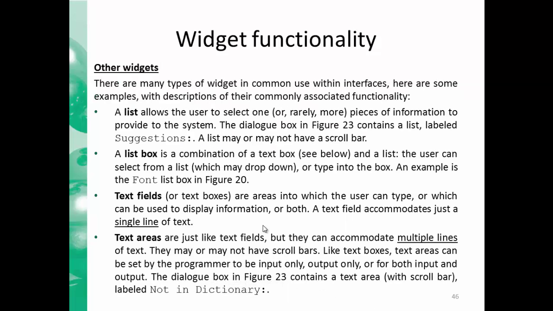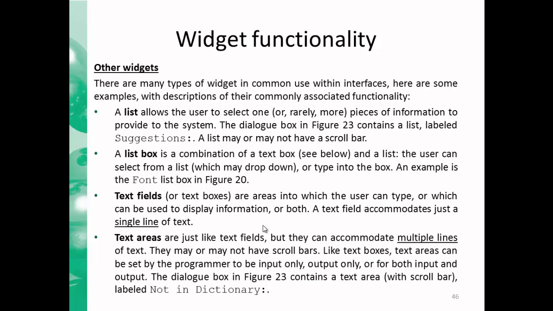Many more widgets and components are available. You can see them on your screens when you use the computer or your smartphone. Some of these famous components are the lists that allow users to select one piece of information from a list of pieces.